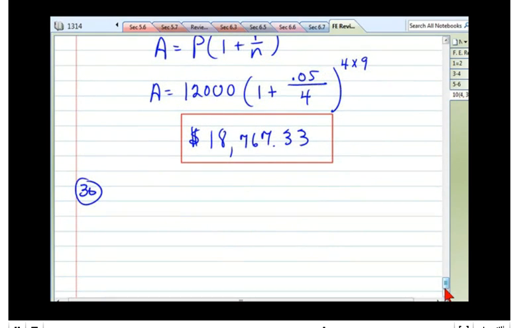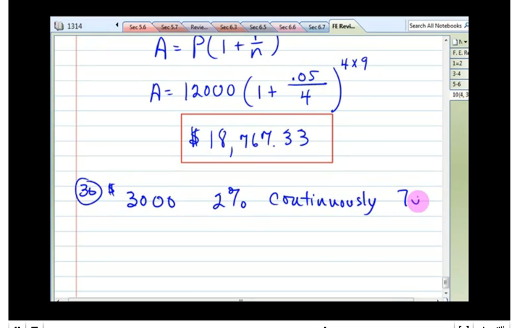Okay, 30. Same thing, except we have $3,000, 2%, continuously, 7 years. So the difference there is this. If it says continuously, you're going to use A equals P times e to the rt, using the number e.